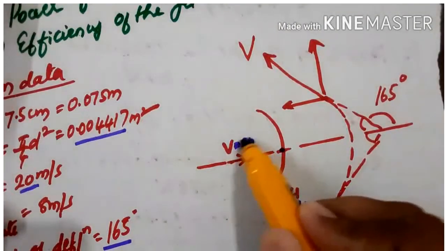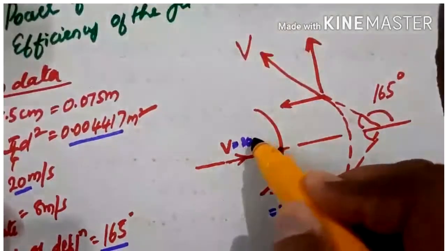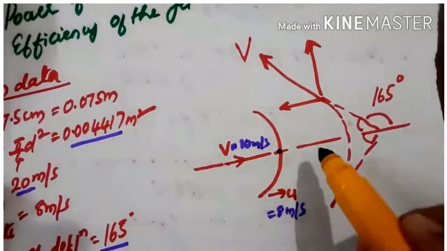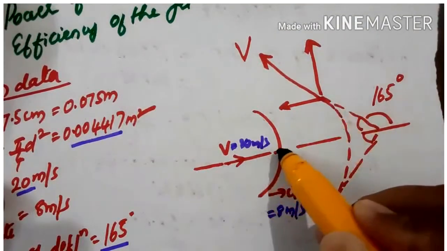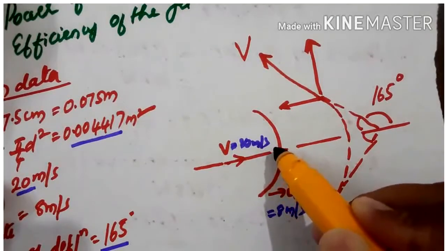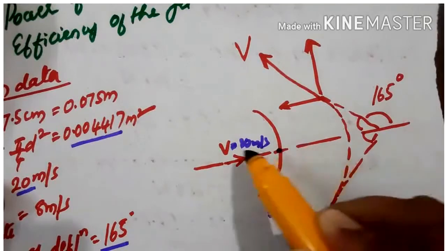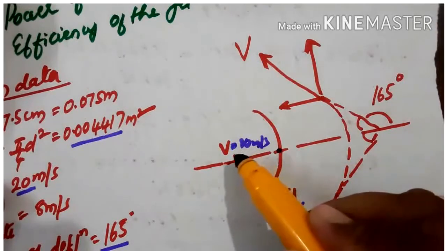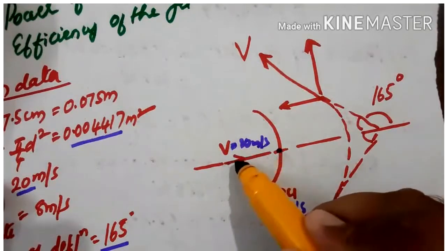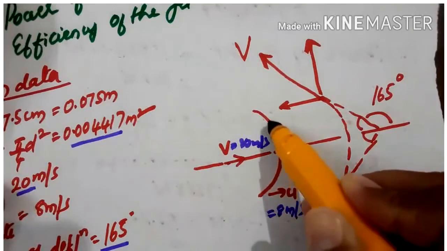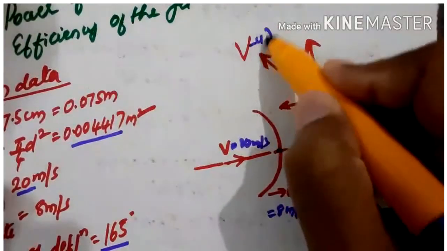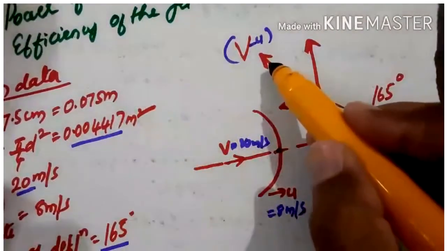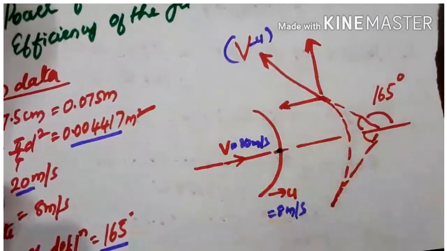Because both are moving, the plate is moving and the jet is also moving, the jet will be striking with a relative velocity, and this will be v minus u.